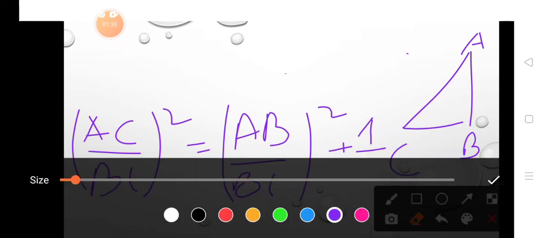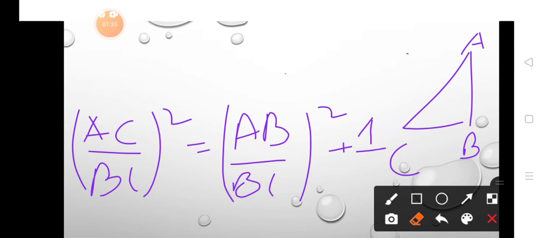Okay, now, like before, it's very simple. You see here, AC by BC. This is AC, AC means hypotenuse, this is 90 degrees, BC is this, hypotenuse by BC. Which trigonometric ratio is this? AC by BC is cosec.